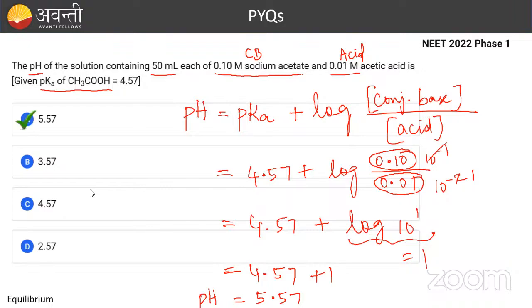Option A is the correct answer for this question. So we just need to learn this Henderson-Hasselbalch equation to find out the pH. Got it? Now let me go for one last question for this session.